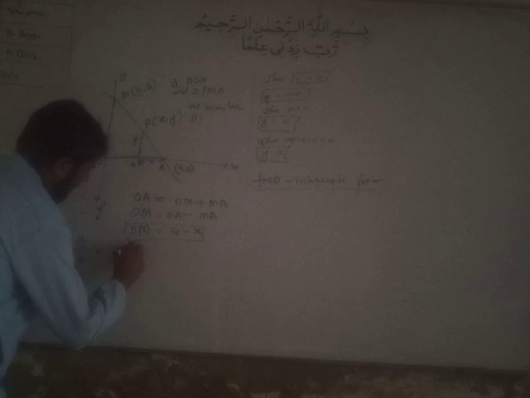So we can say that here MA upon OA. Okay. So now MA is the x. So this is y upon b.